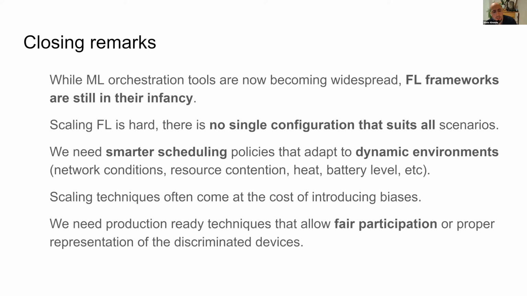And finally, we need production-ready techniques that allow fair participation or proper representation of the discriminated devices. So here, there are many techniques, like trying to reduce the resource requirements of the models, things like ordered dropout or things like these, that actually allow low-tier devices to participate in training as well, for example.